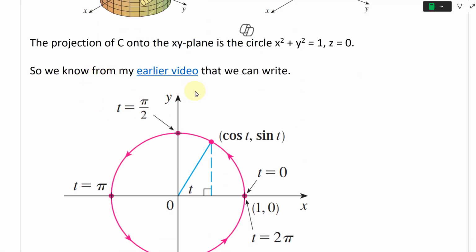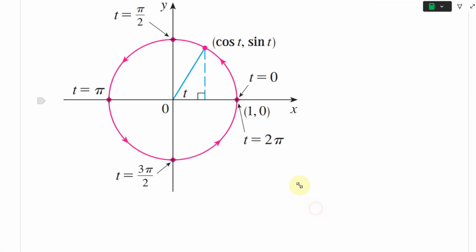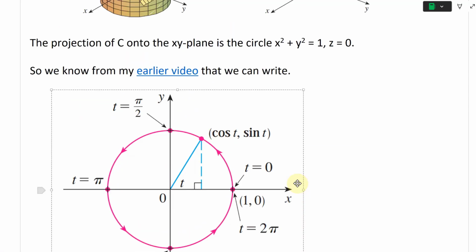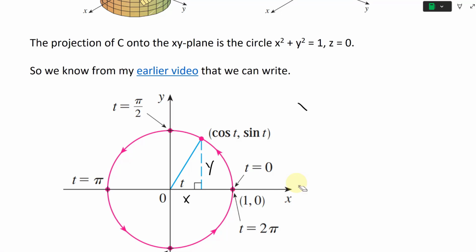So we know from my earlier video that we could write it like this. If we have a circle, if this is the y, and this is the x, then we also know x squared plus y squared equals 1. And this is because, also for completeness, because this is a different example, that's our x, y.